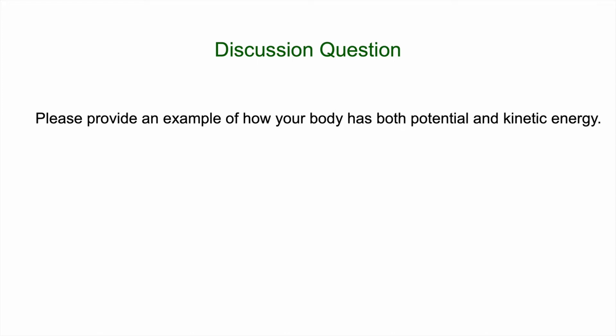You also have stored fat in your adipose tissue. That's potential energy. Okay. In terms of kinetic energy, every activity you do that involves using energy. So breathing, your heart beating, pushing blood through your veins, when you flex your muscles, when you walk, when you stand, when you run, everything, when you think, all require kinetic energy.